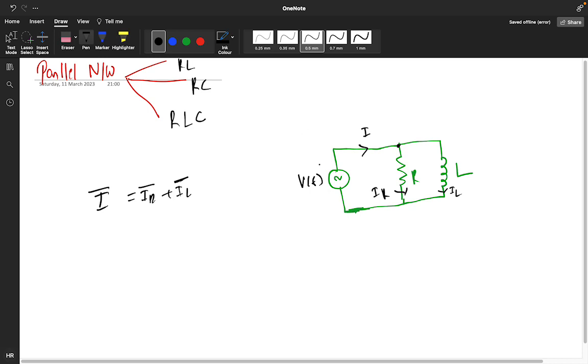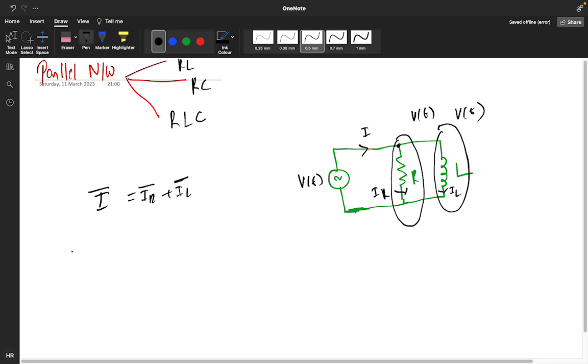So here all the branches are in parallel only. So the voltage across this R is V of t only, and the voltage across this particular L is V of t only.